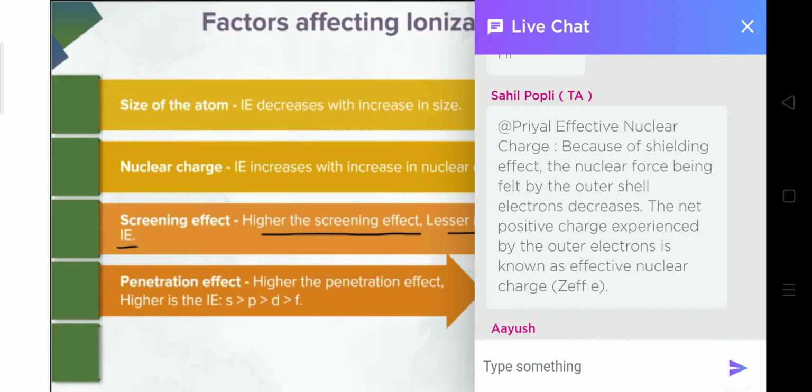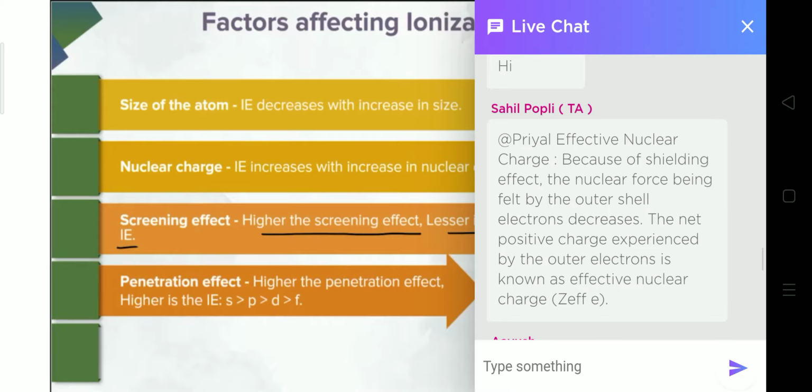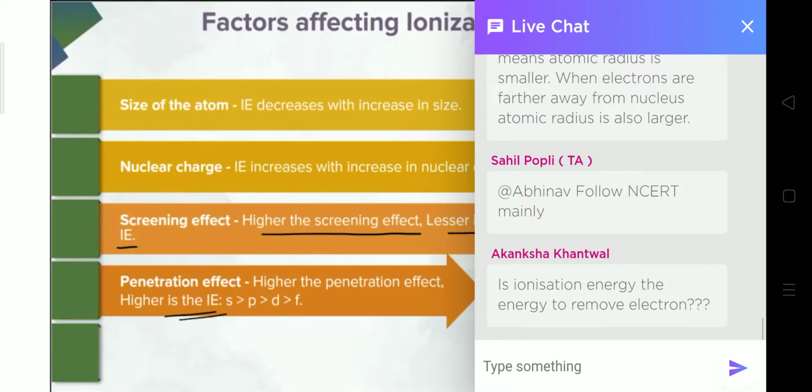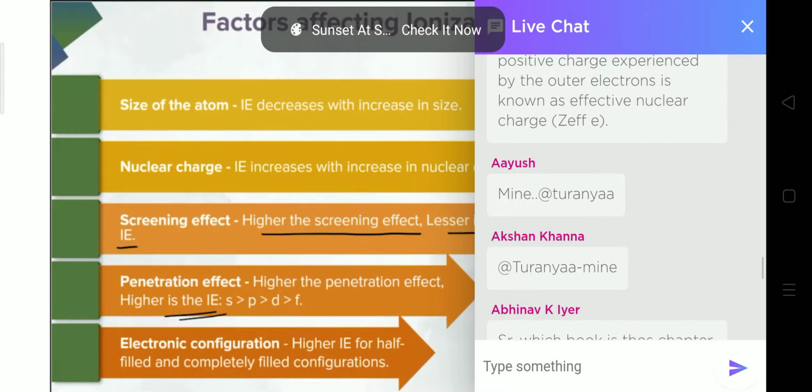Okay. Next is, now you know, penetration effect. Higher the penetration effect, higher the ionization energy. All right. More is the penetration power, higher the ionization energy. Okay. And next rule is that of electronic configuration.